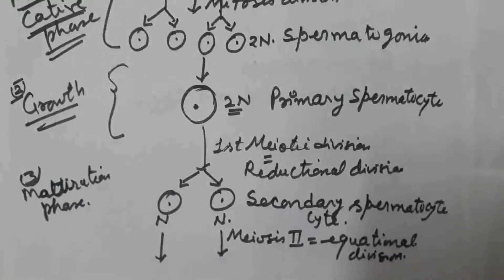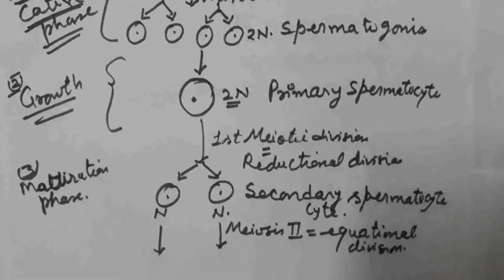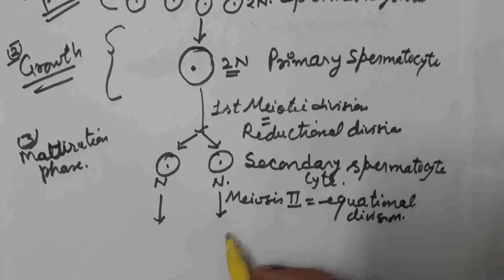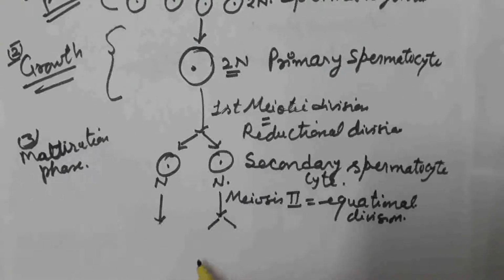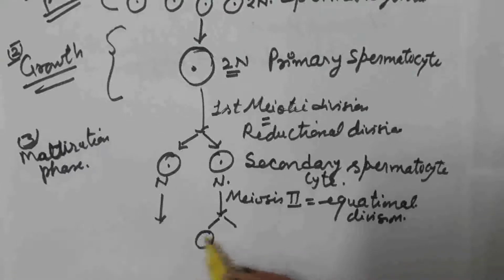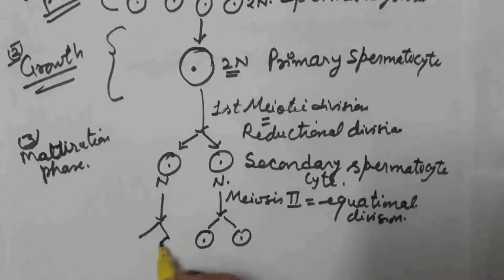In the secondary spermatocyte, the chromosome number is n. So after meiosis 2, the cells produced consist of n number of chromosomes. So after completion of meiosis 2, haploid cells are produced.